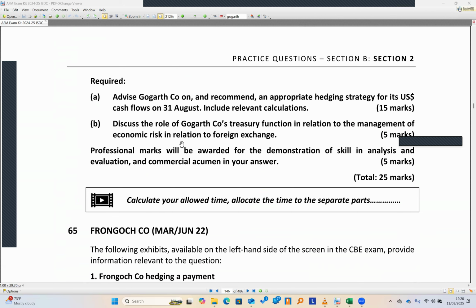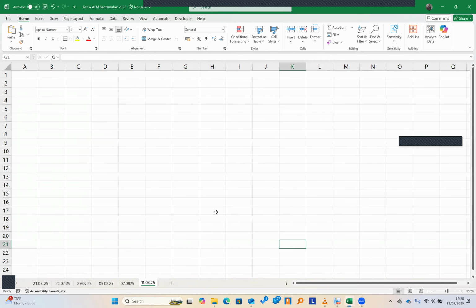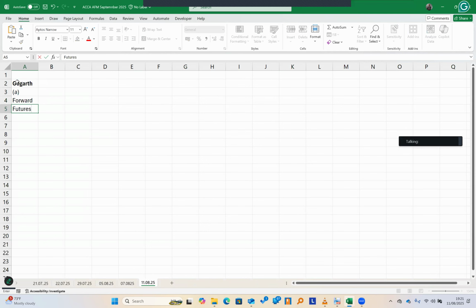So let's first start with the first part of this question. And of course, when you look at this, as I told you, we have been given forward, futures, and options.